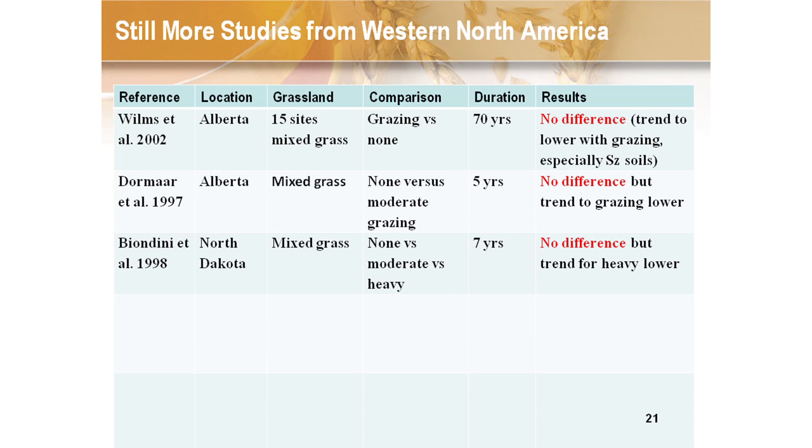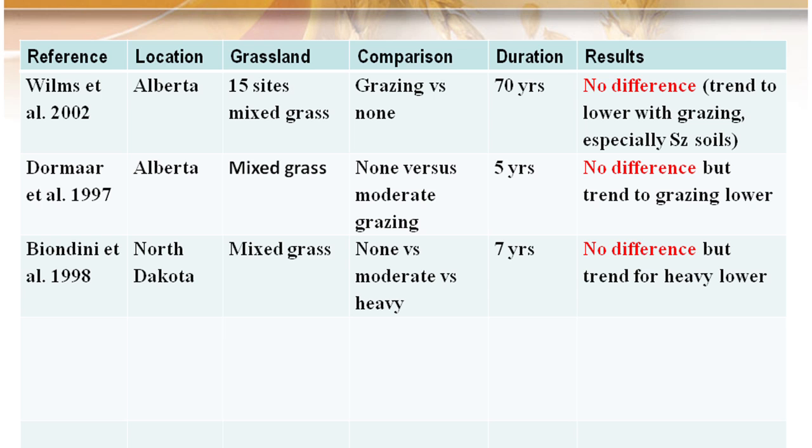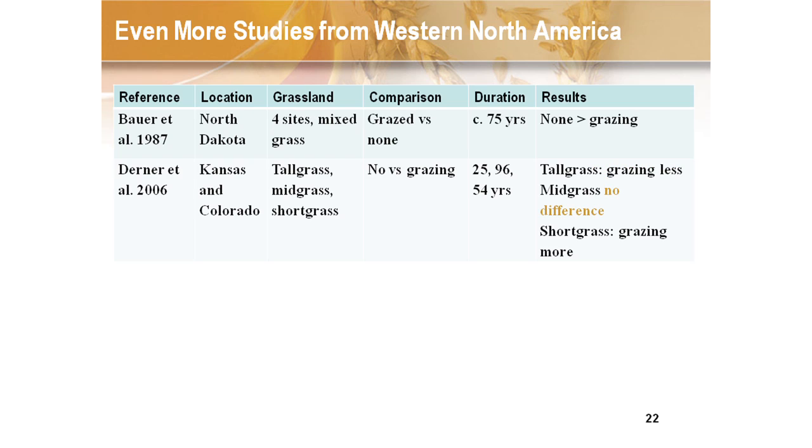Then you start to get a number of studies saying, okay, we can't detect a difference statistically, but there's a trend that with grazing, particularly heavy grazing or heavy utilization, grazing is lowering carbon, which is our conceptual model. Then you get some that confirm it statistically: I don't have any grazing, I have more carbon than if I had grazing.